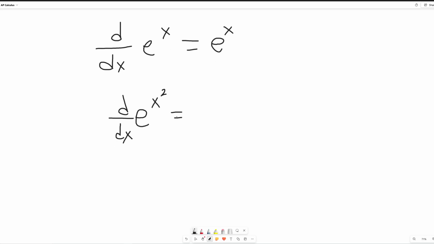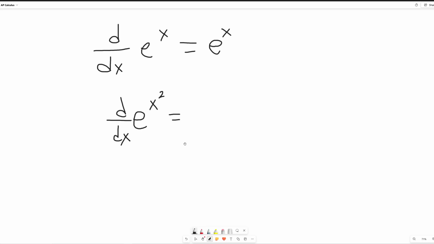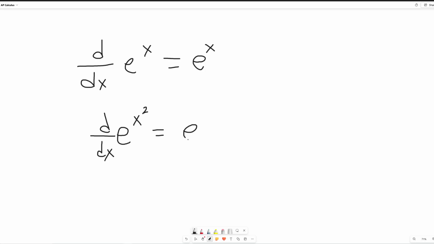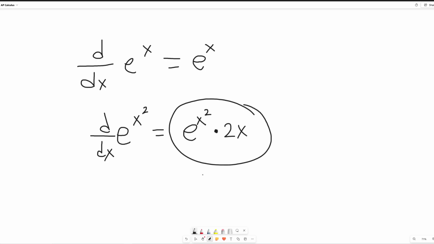So, this is the function e to the x, with x squared being the inside function. So, the derivative of this is the outside function, which e to the x doesn't change. So we just have e to the x squared, timesing it by the derivative of the quote inner function. It doesn't look like an inner function here, but it is, which is 2x. This is your answer.